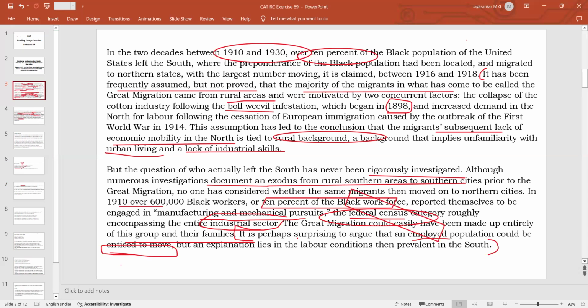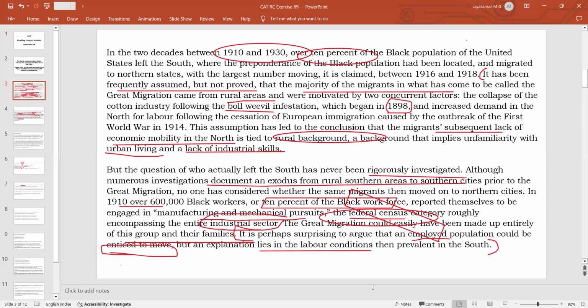Then she says that the explanation will be in the labor conditions that then prevailed in the north, or because of the labor situation in the southern cities, the urban workers wanted to move to a better place where their wages are higher.